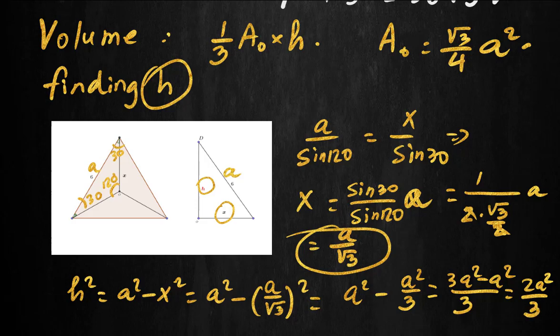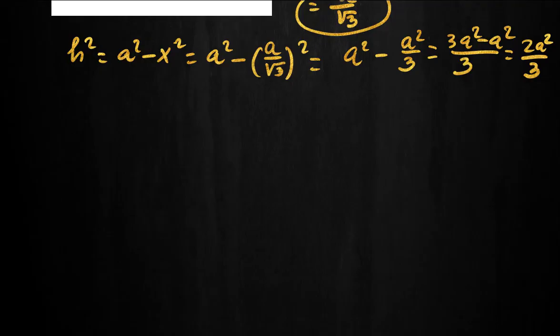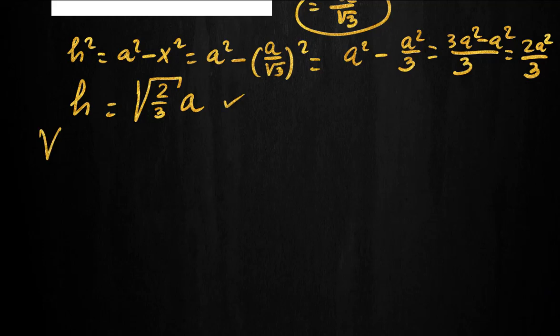So then we can find h. So we pull out h. This is square root of 2 over 3 times a. Now we know that the volume is 1/3 of area of the base, of face area, times h.